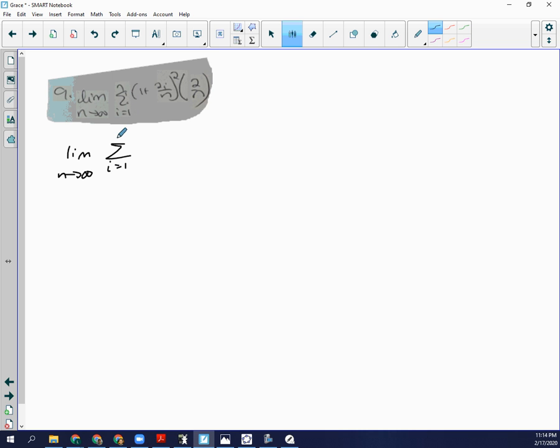The sum from i equals 1 to n of, now I'm going to rewrite, we need to recognize that 1 plus 2i over n squared is going to be this times itself, foiling. So it's going to end up being 1 plus 4i over n plus 4i squared over n squared.